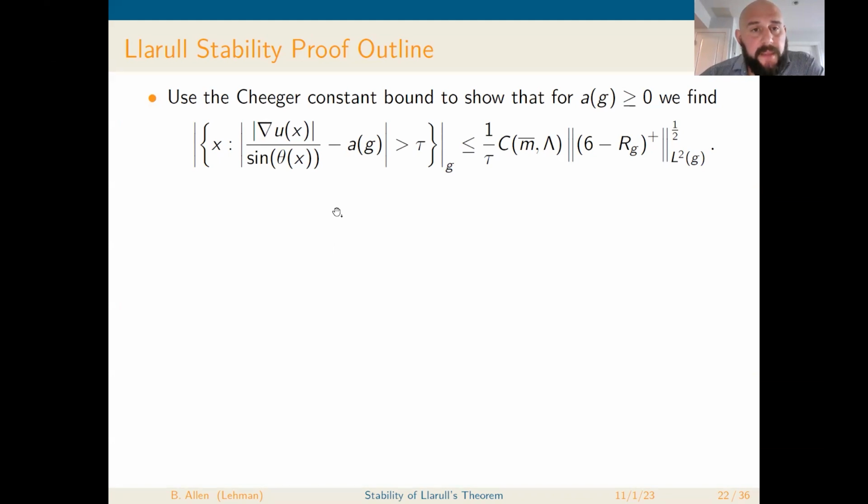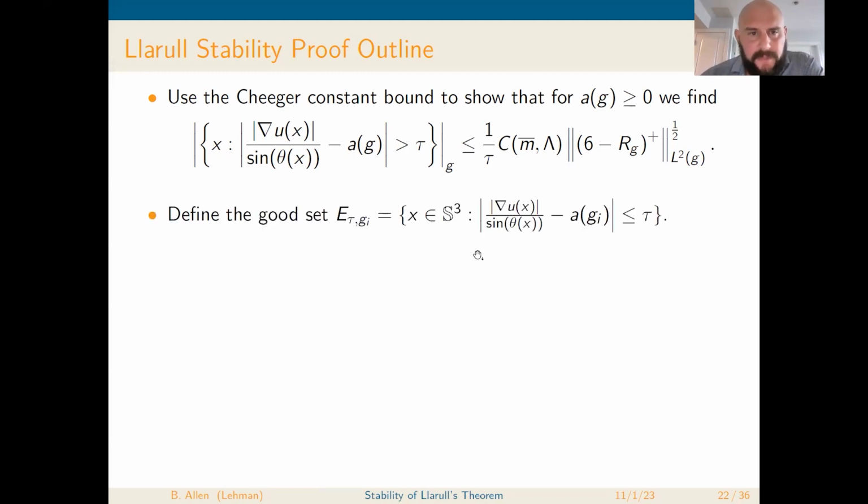And then you use Chebyshev's inequality to show that where this term is bigger than tau, which is the bad set, is controlled in the following way. Well, that motivates the definition of a good set, which is the opposite of that. So where this term is less than or equal to tau.